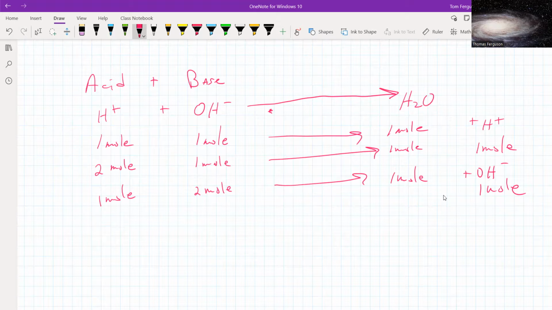Now, this is the essence of titration. This is what we're going to be doing today, tomorrow, Thursday, and Monday. Lots of titration. And the idea here is if we can add a little bit of this, a little bit of that together, so we end up with this neutral solution, we can figure out how much of the other one was used to get it.